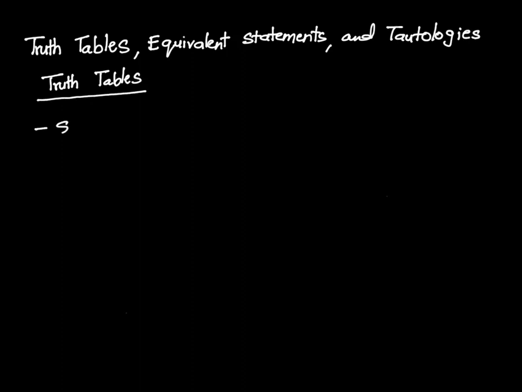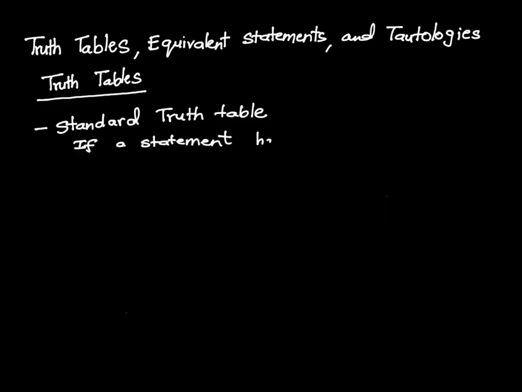Okay. So truth table, basically, what we do is that we make a standard table. We make a standard truth table, which is based on how many statements there are, right? So if there are two simple statements, then there are going to be two information pieces that we're going to be talking about, right?